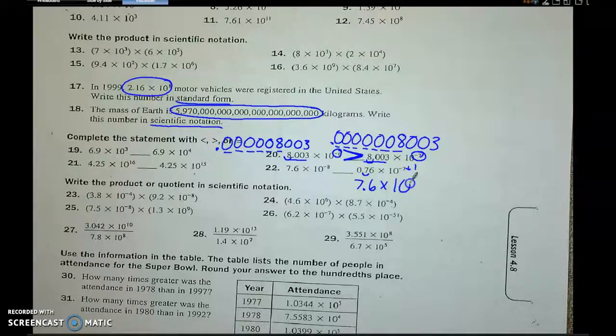So that is 7 times 10 to the negative 6 power. So again, I can look at my exponents and see which exponent is the largest, and that's going to give me the largest answer. So with that one, okay, it's going to be less than, okay? So that lets us know that this number is the biggest one.